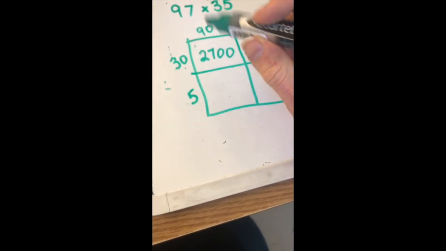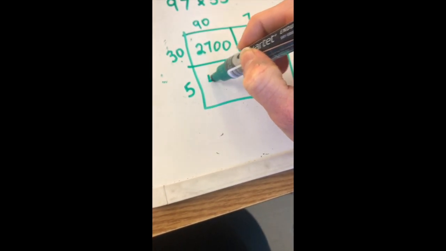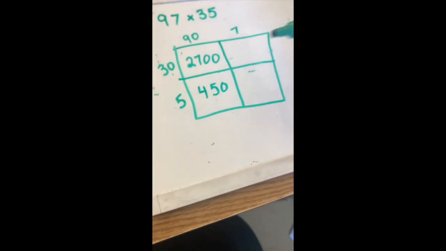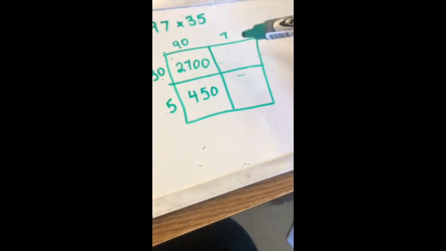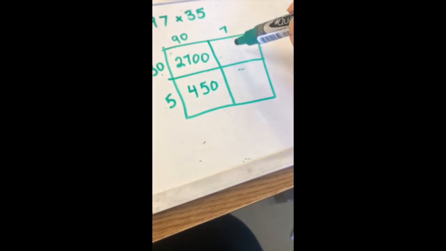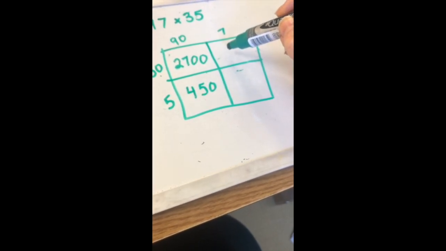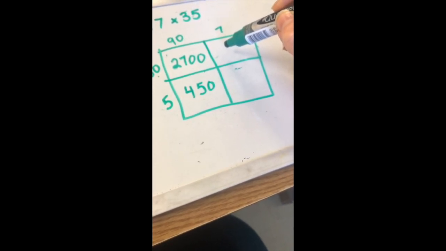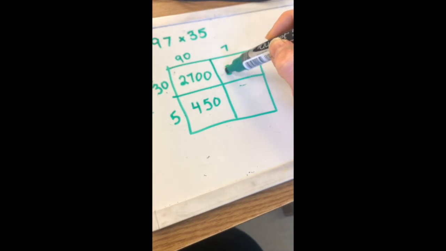Now 90 times 5. Well, I know 9 times 5 is 45. And since it's 90 times 5, I add a 0. Now 30 times 7. Again, I know 3 times 7 is going to be my 21. It's one of my favorite facts.